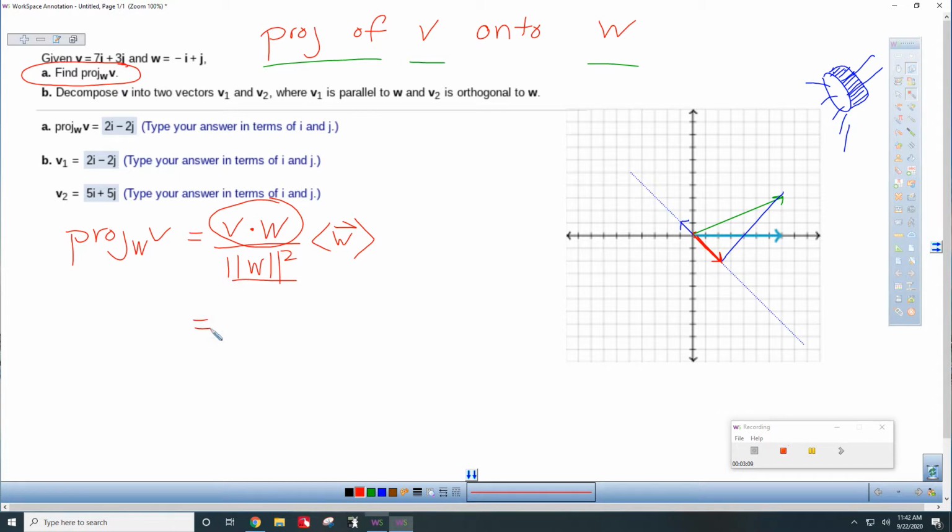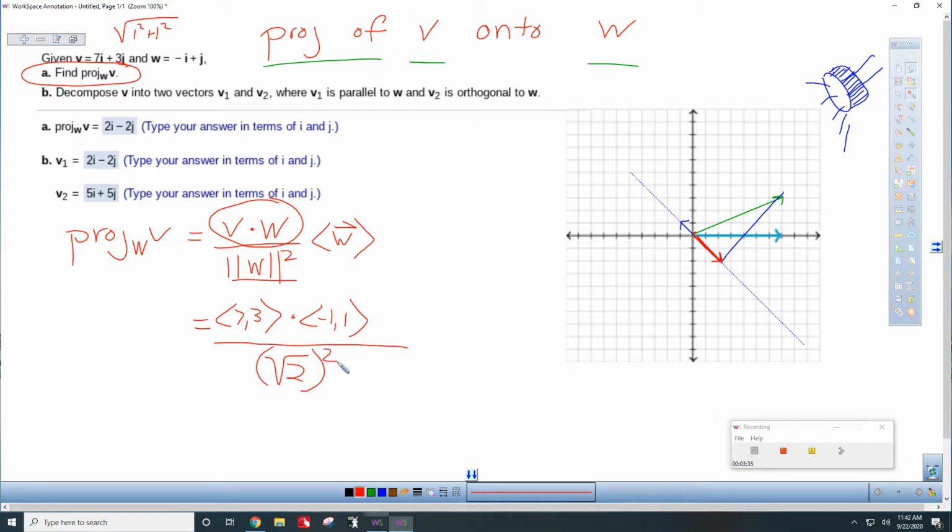Okay? V dot W. So that would be <7, 3> dot <-1, 1>. The magnitude of W would be the square root of 1 squared plus 1 squared. So that's radical 2 squared.